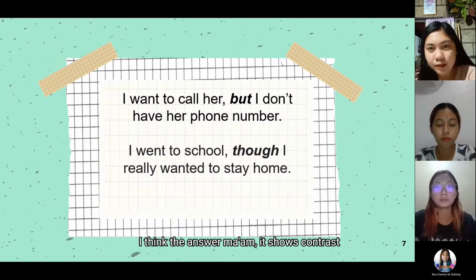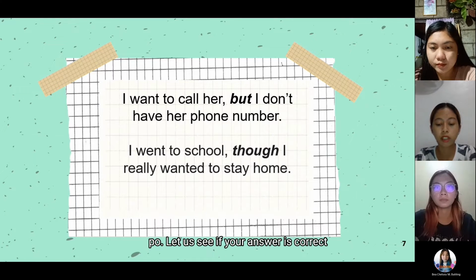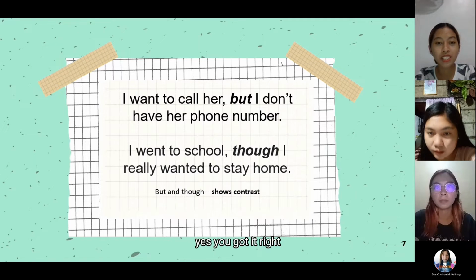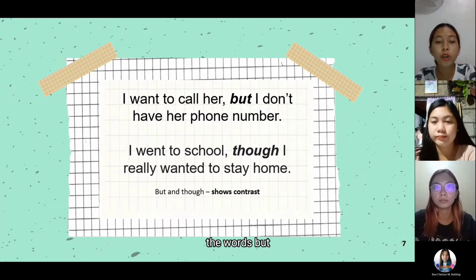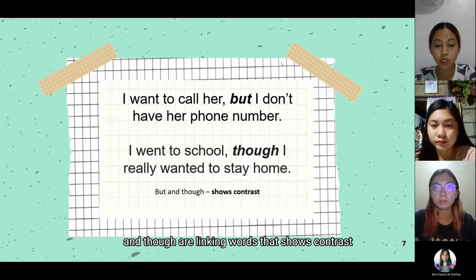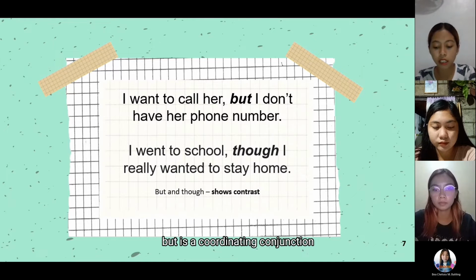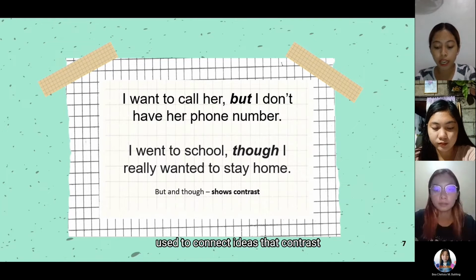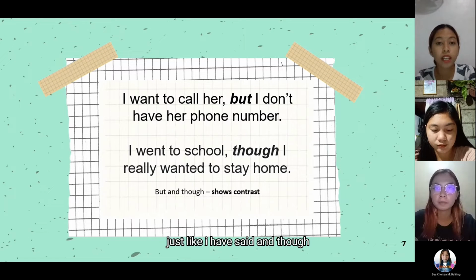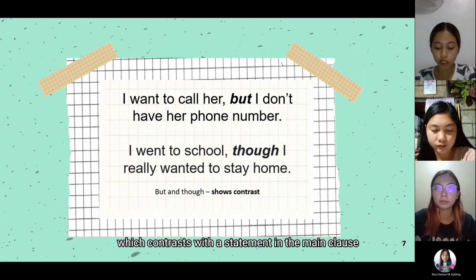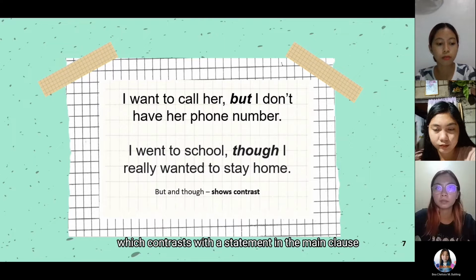I think the answer, ma'am, is contrast. Yes, you got it right. The words but and though are linking words that show contrast. But is a coordinating conjunction used to connect ideas that contrast, while though is used to introduce a statement in a subordinate clause which contrasts with a statement in the main clause.